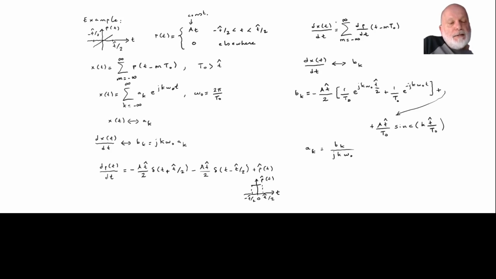Therefore, in the Fourier series representation of dx of t by dt, b0 turns out to be equal to 0.